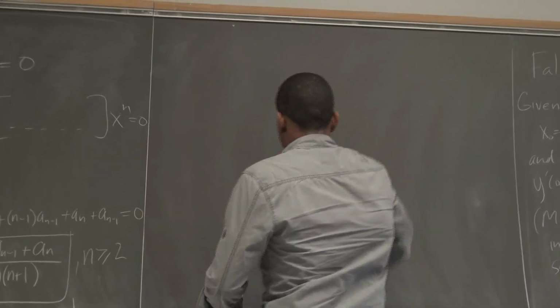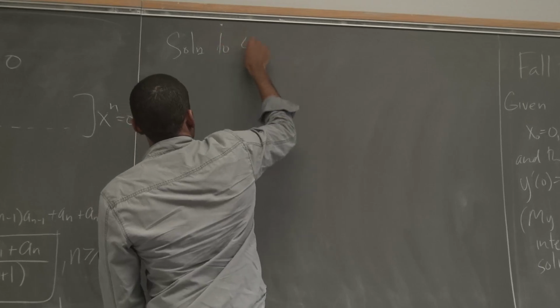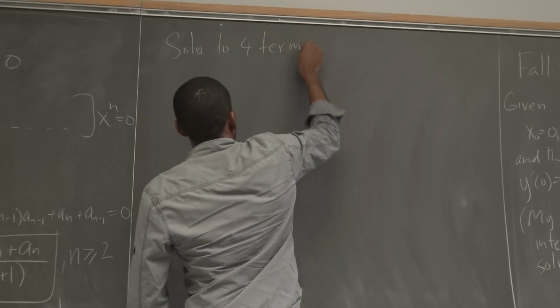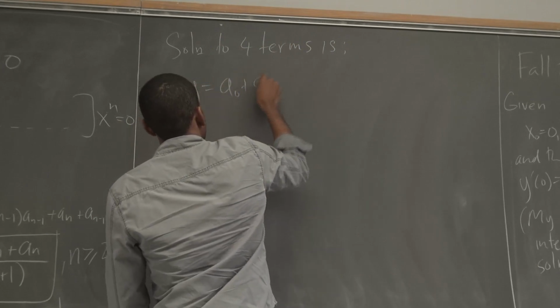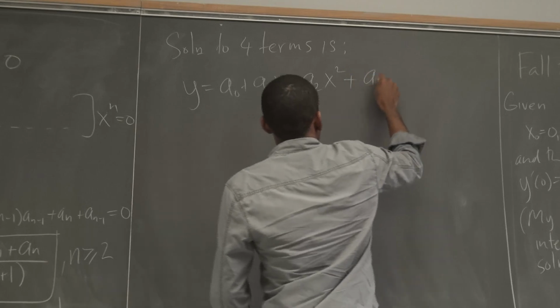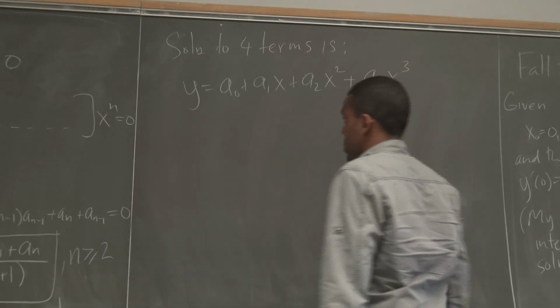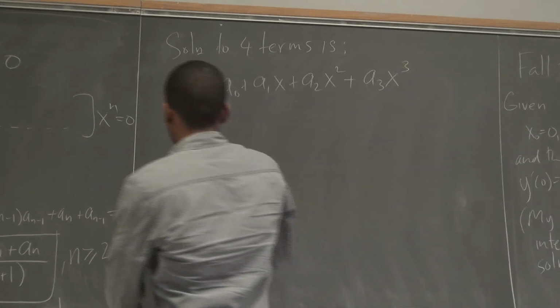Now, the solution to 4 terms is y is equal to a0 plus a1x plus a2x squared plus a3x cubed. That will be the solution to 4 terms. And we know all these guys already.